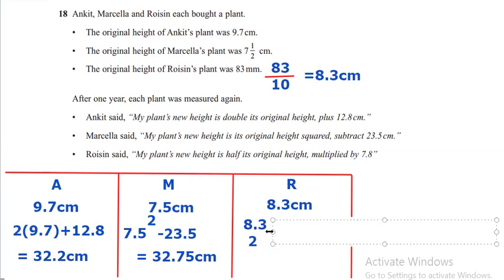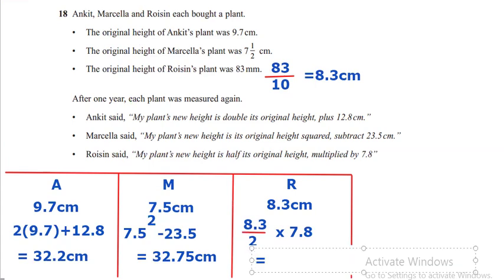As we said, half means divide by 2, and then multiplied by 7.8. And when I do this calculation, it will give me the final height of Roizen's plant, okay? Now the final height will be 32.37 centimeters. Now we found the final height for each plant.